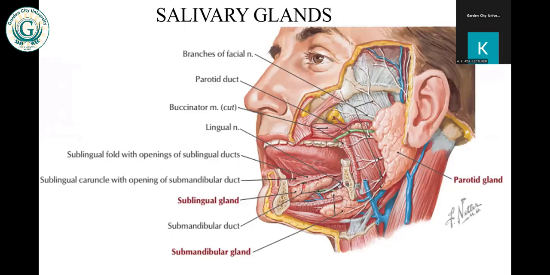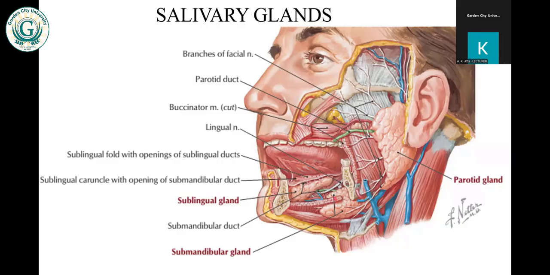We looked at the composition of the saliva and the gland that contributes most to the saliva, which we said is the submandibular gland. And we looked at how they open into the oral cavity. The parotid has a single duct, opening opposite the second upper molar tooth.